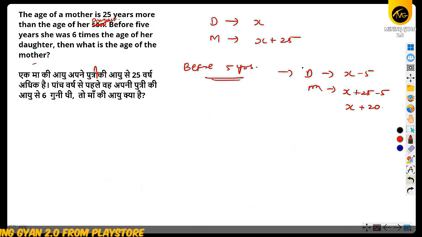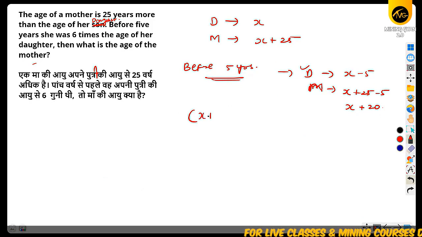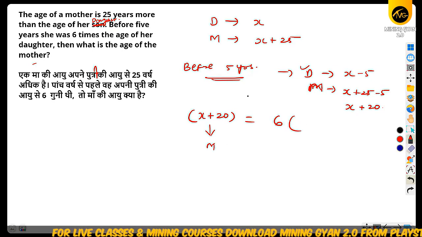Now before 5 years what is the age of daughter? X minus 5, and what is the age of mother? It's x plus 20. Now just create the logic behind this. So x plus 20 for the mother is equal to 6 times her daughter's age before 5 years. That means the age of daughter before 5 years will be x minus 5.